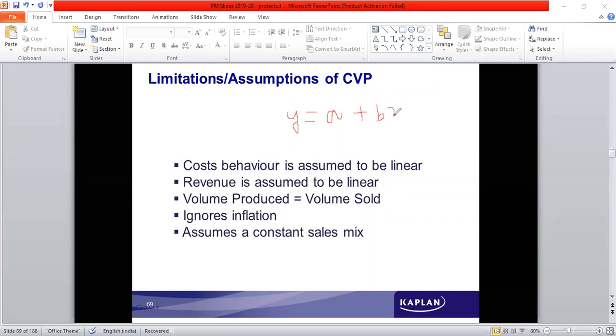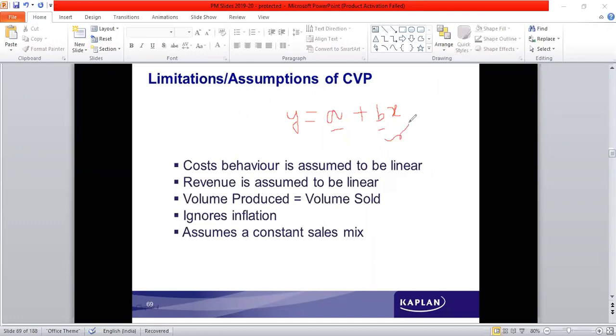There are two different types of cost, the broad classification according to cost volume profit analysis or marginal costing. One is variable cost and one is fixed cost. Fixed cost remains fixed. It does not change till the optimum level or within the relevant range. So the linear equation y is equal to a plus bx has two constants, a and b, and two different parts.